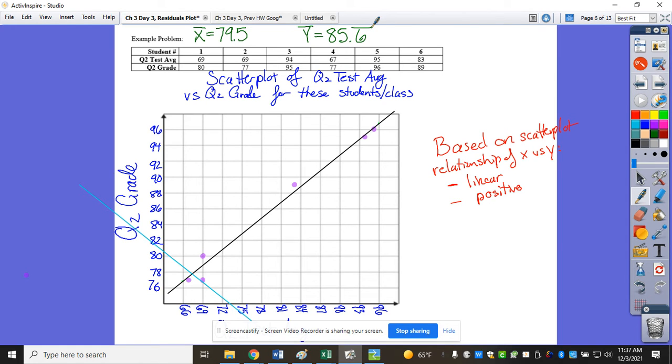So let's see if that ended up being on ours. 79.5 is right here. 85.6. Which fell exactly on our line. This point should always be the dead center of your line. That's the center of these, the center of these.